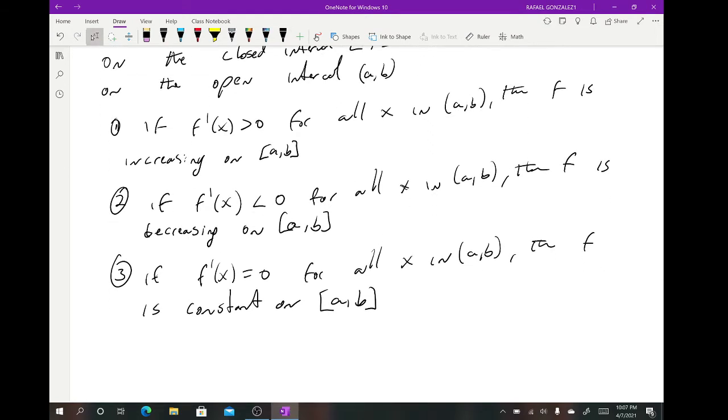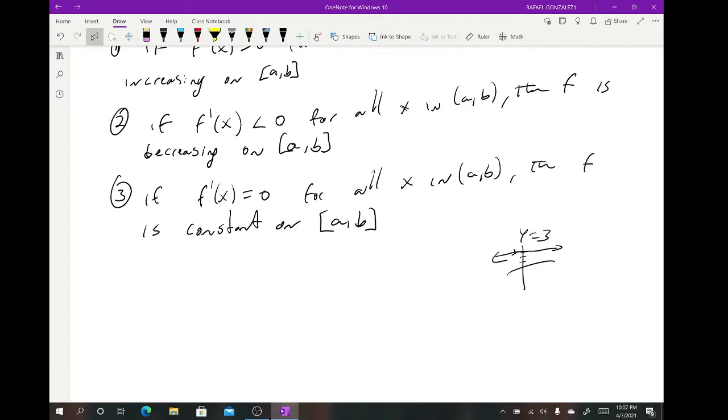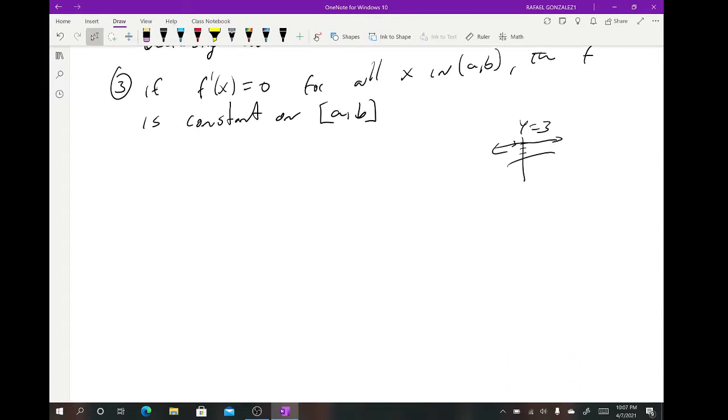Remember, when we say constant, we just mean a horizontal line. Like, for example, y equals 3 is a constant function at 3, so it's a horizontal line. Okay. So let's do an example of how we can use this theorem to determine when a function is increasing or decreasing.